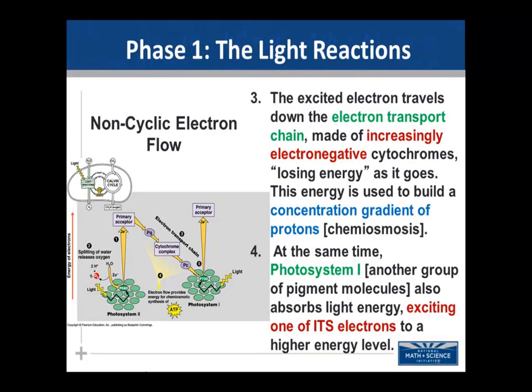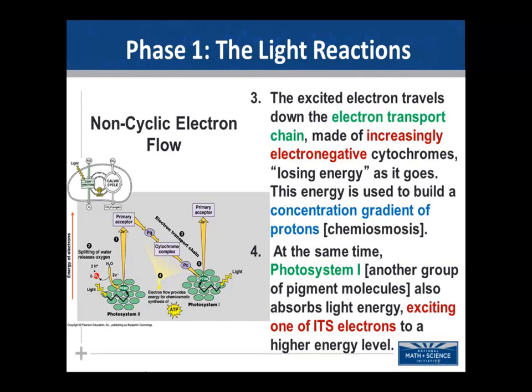Okay? So how that happens is as that electron loses, so to speak, energy as it moves down the electron transport chain, that energy is actually used to build up a concentration gradient of protons. What is happening here essentially is pumping protons from one side of the membrane to another in order to build up an area of high concentration and have an area of low concentration, right?